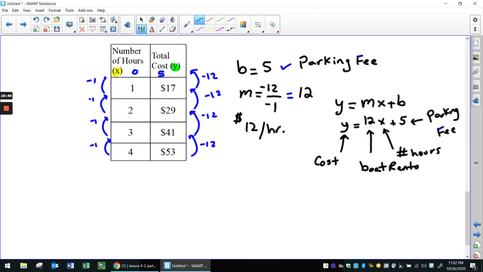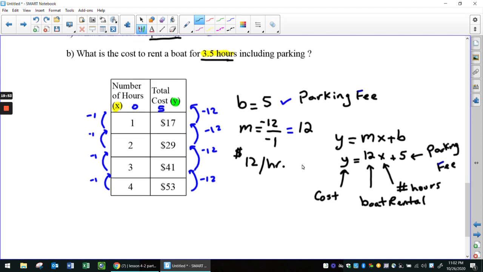Each one of these numbers and variables means something. So to answer this question, 3.5 hours, I know that my hours is my x. So I'm going to substitute 3.5 in for x in my equation right here and solve for the total cost.